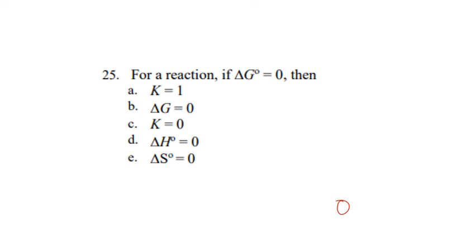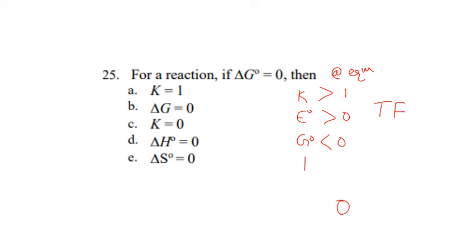Okay, in this question, for a reaction, if delta G naught equals 0, then which one of the following is the matching one? So delta G naught equals 0 means the system is at equilibrium. Okay, so I hope you remember the conditions: K less than 0, greater than 0, greater than 1, and in these conditions we say that the system is thermodynamically favorable.